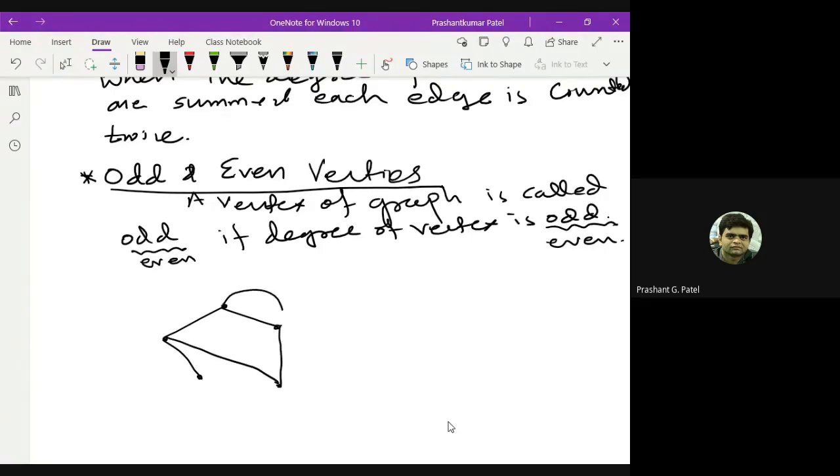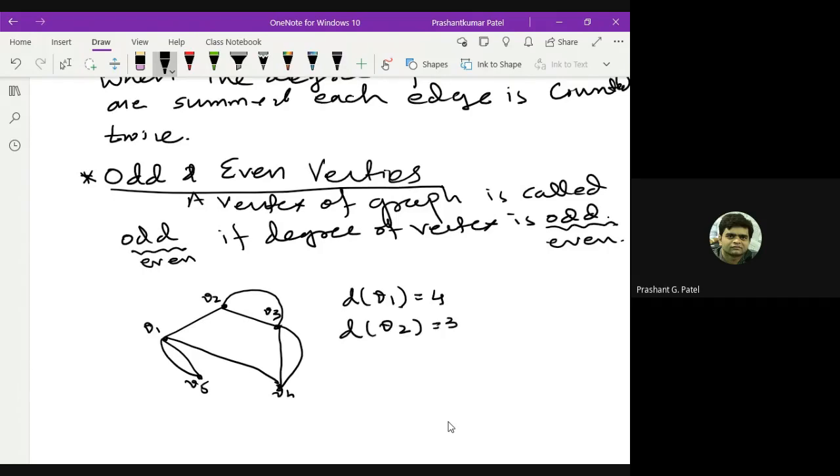I want everyone in this group to plot their own graph, try to find out the degree of each vertex, and try to see what is happening there. So the degree of V1 is 1, 2, 3, 4. Degree of V2 is 1, 2, 3.